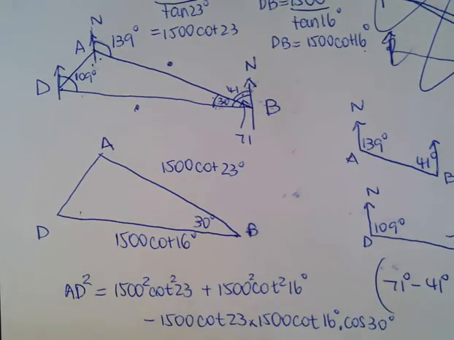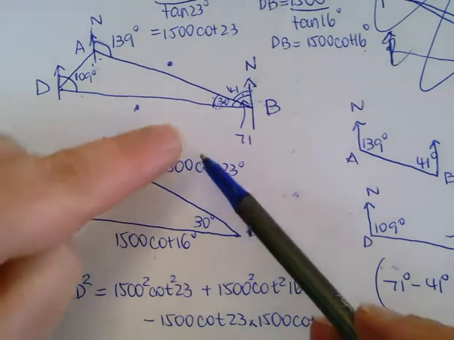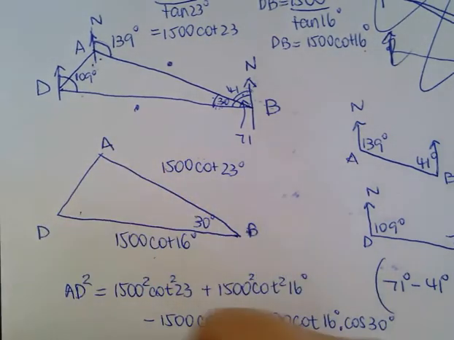Minus 2AB cos C, or whatever it is. We okay? This squared plus this squared minus 2 times that times the cos of that.